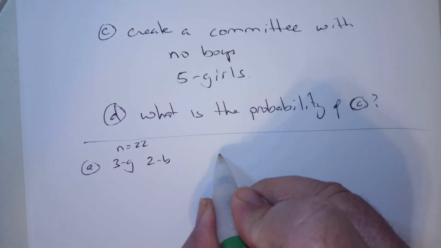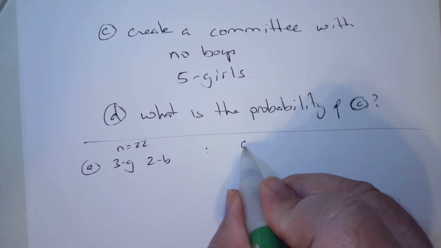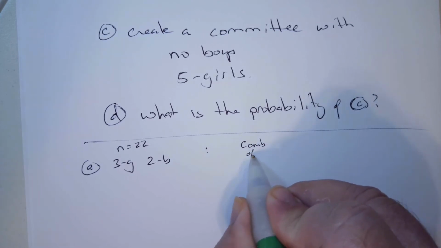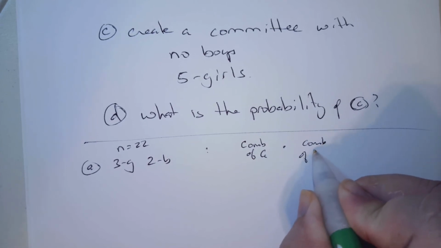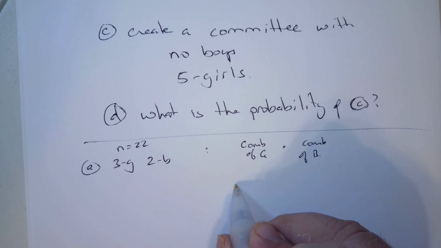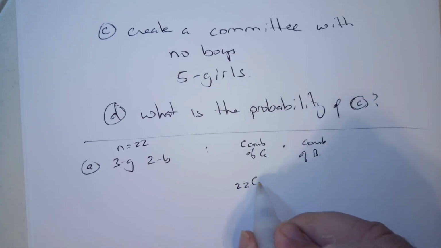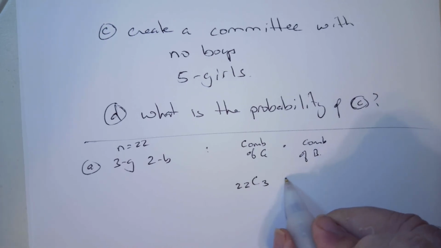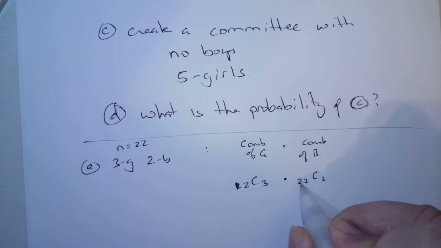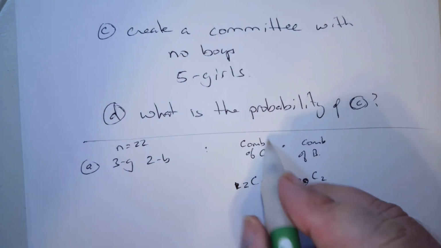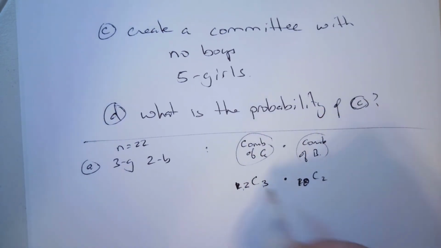So what we have to do here is the combination of girls times the combination of boys. No, 12 and 10, I'm sorry. They're subgroups. There's 12 girls, you want 3. 10 boys, you want 2.